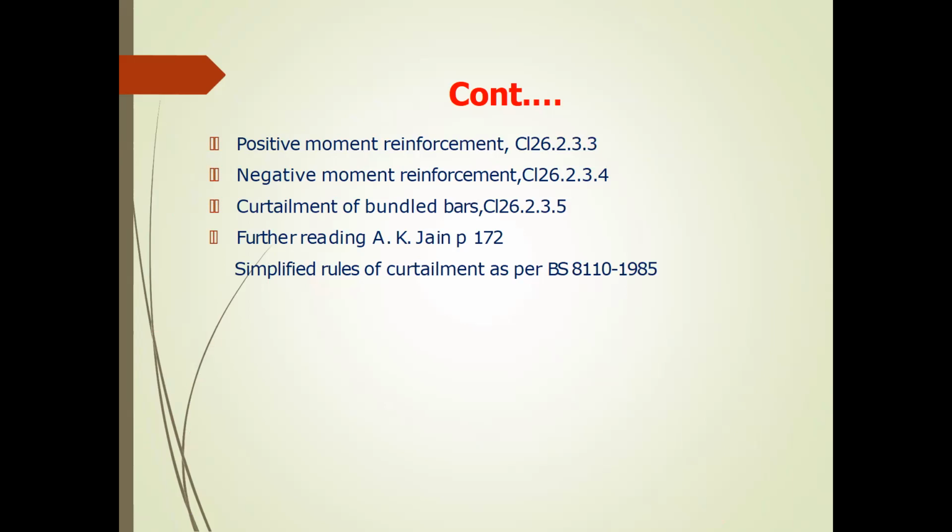Negative bending moment is again mentioned in the same clauses. Curtailment of bundled bars is in clause number 26.2.3.5. You can refer to the AKJ book, page number 172. For simplified rules of curtailment, you can verify British Standard 8110 of 1985.